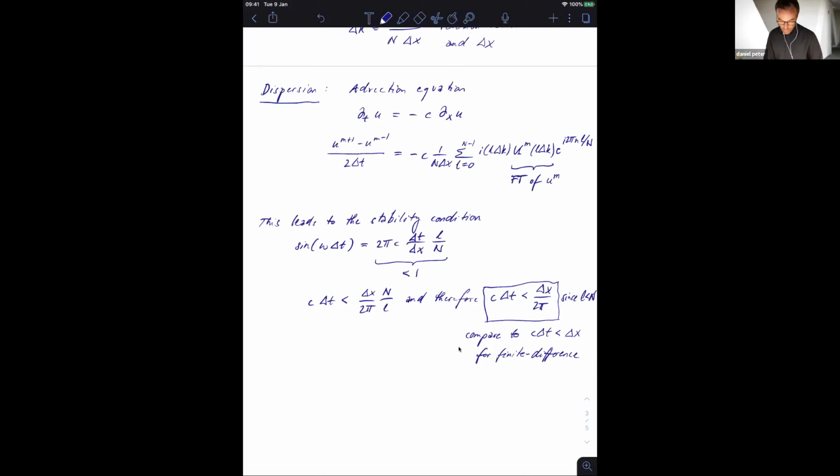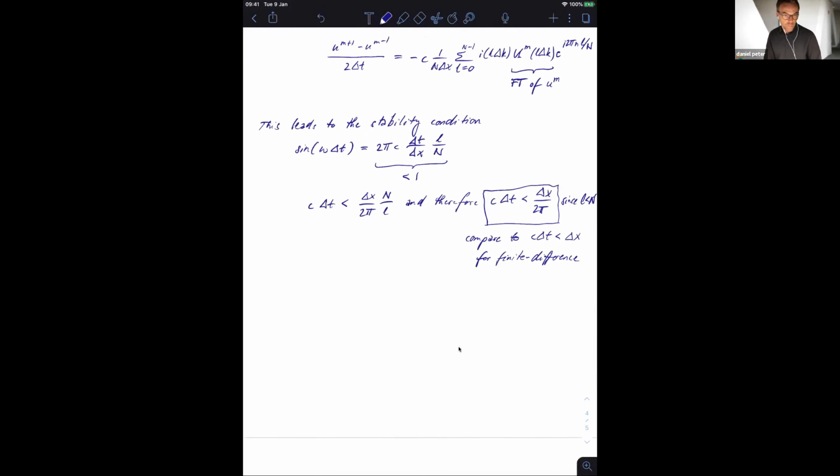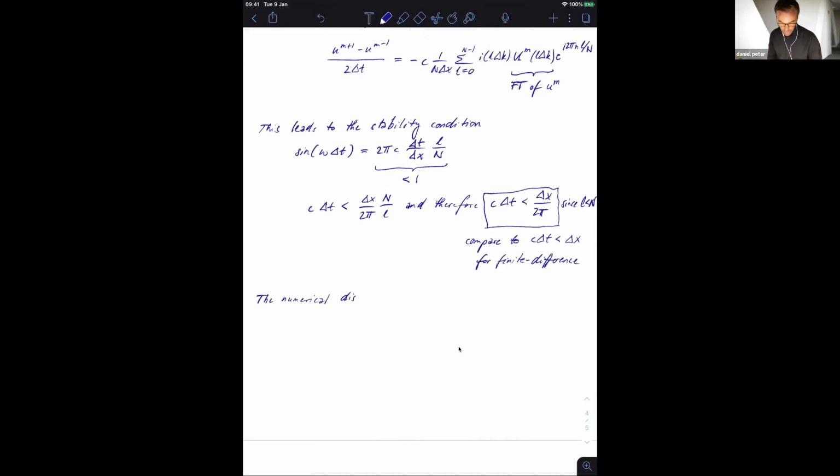That's the stability, and then you also have the dispersion, so the numerical dispersion for this method becomes that the frequency of a given wave number signal, frequency at k L, depends now on the time step size, 1 over delta t times the arcsine of c k L delta t.